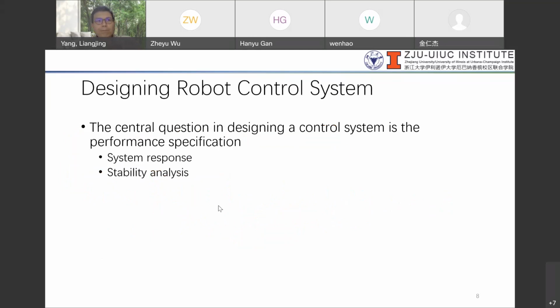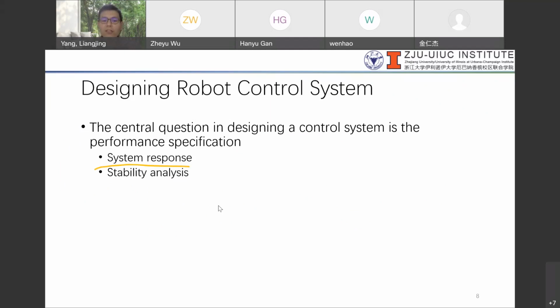All right. So the central question in designing a control system, I'm sure many of you who have gone through control theory or a related topic know, is that it is important for us to be able to specify the system response of this particular system that we are controlling.